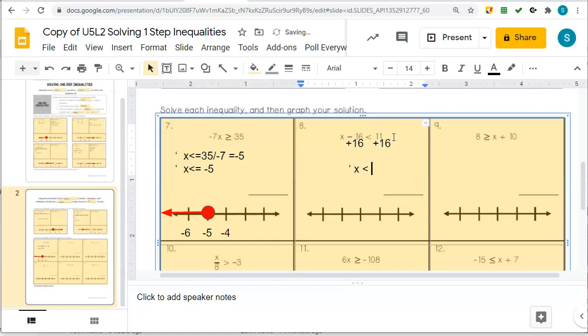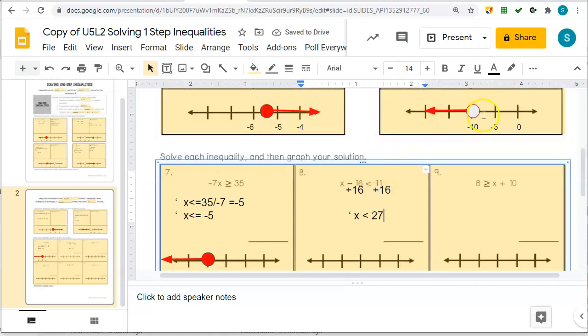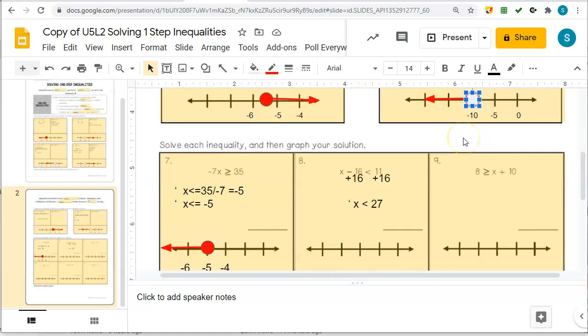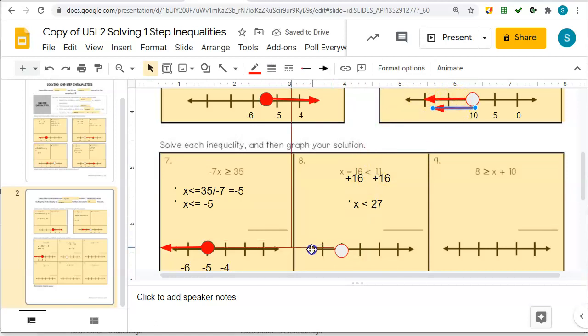When did they change this feature? 27. So we want an open dot there on our 27. So we're going to pick one of these values to be 27. I'm going to say this one here. And we need the down arrow. I suppose I could have copied both of them at the same time. Alright.